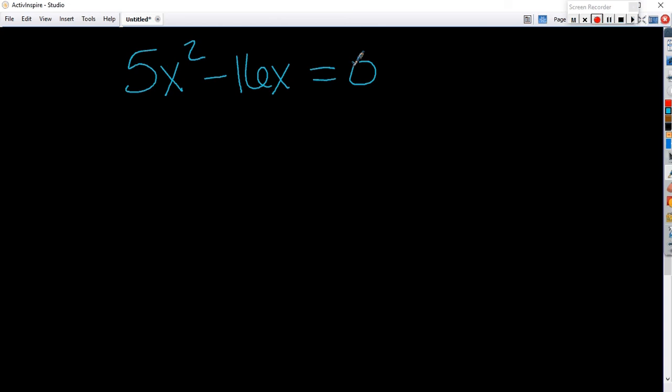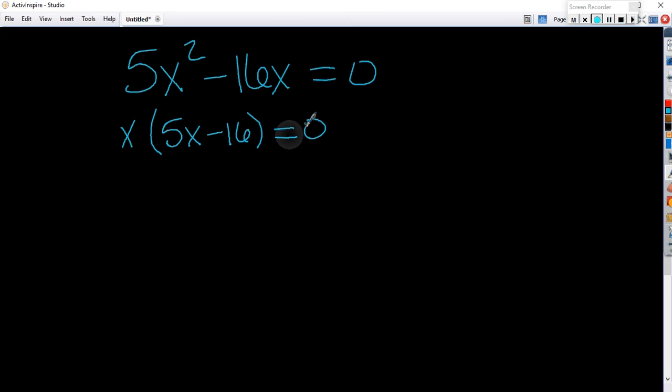Yeah. One what? X. They both have an x, right? So take it out. What is left? Can I factor that any further? No. As a matter of fact, you can't. You are exactly right. You cannot.